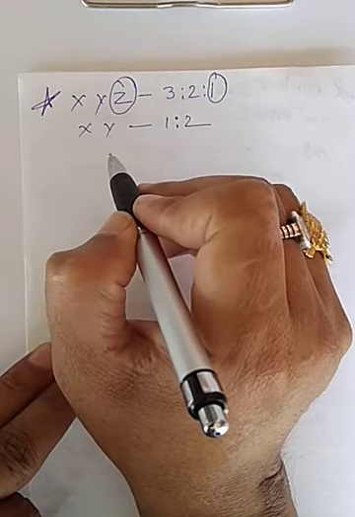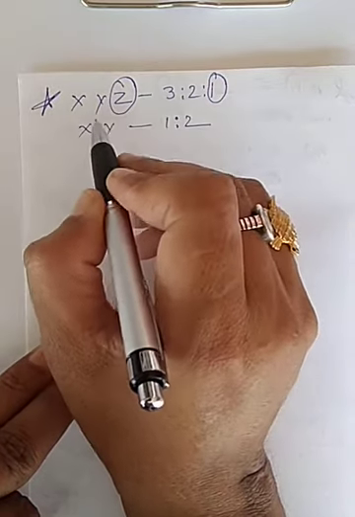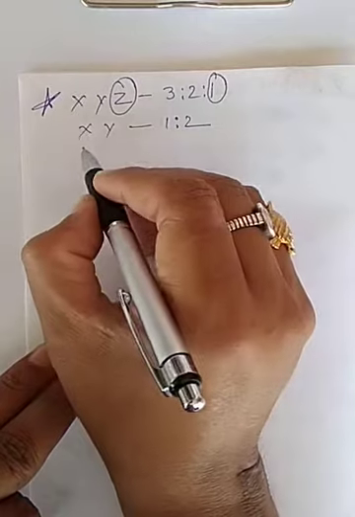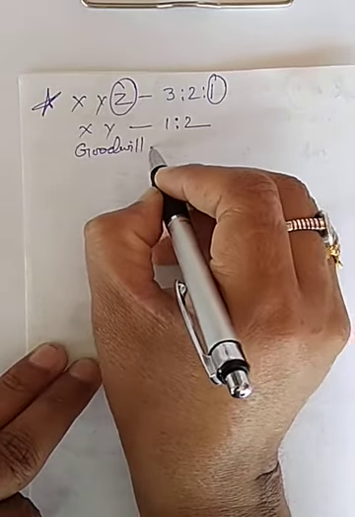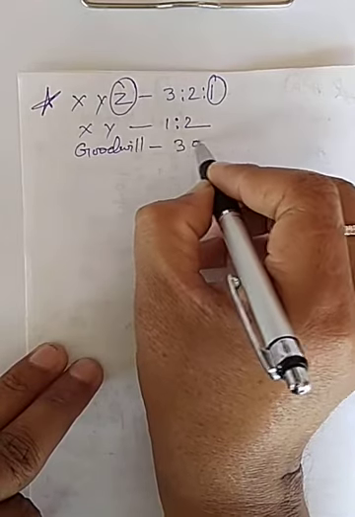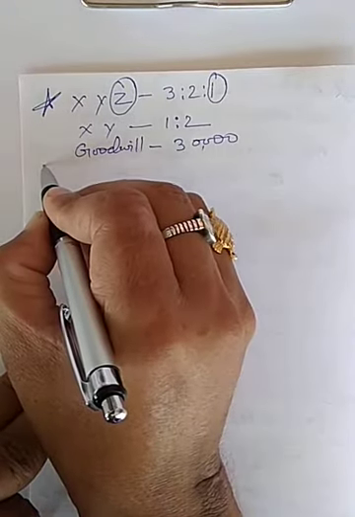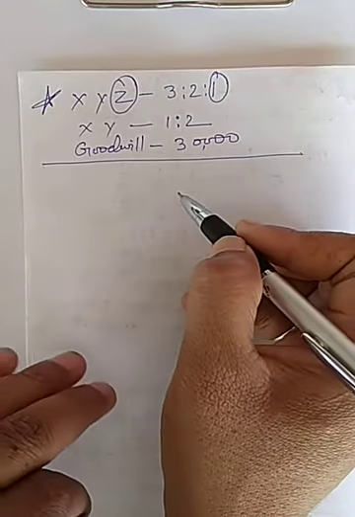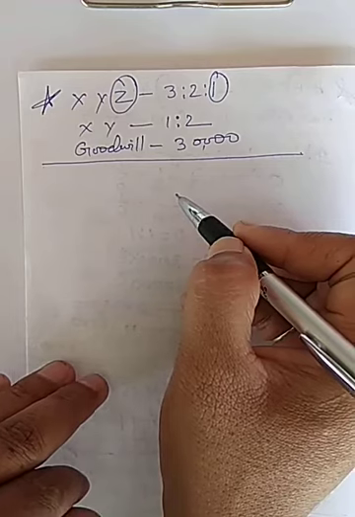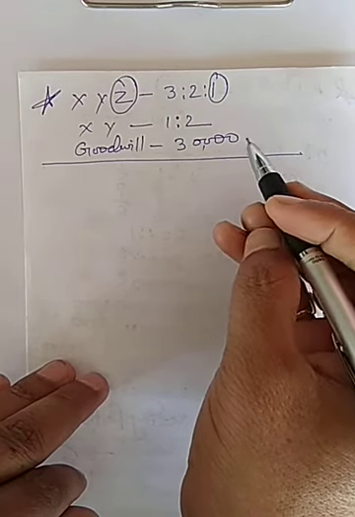On Z's retirement, goodwill of the firm is valued at rupees 30,000. Pass the necessary journal entries for the treatment of goodwill on Z's retirement without opening the goodwill account.